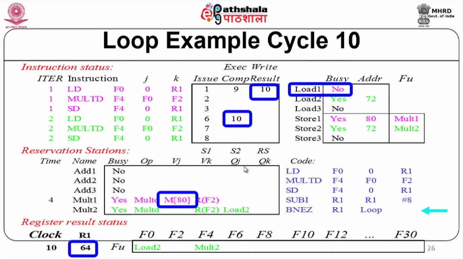That data will now go to the multiplier reservation station mult1, which was waiting for it. Because execution is over and the result has been written, the load reservation station is now made free. Load 1 status has been marked as no, and in the 10th clock cycle you should also be able to issue the branch instruction of your second iteration.